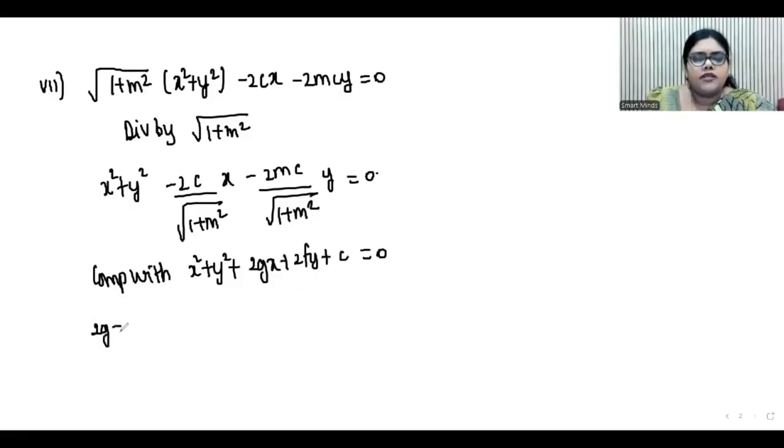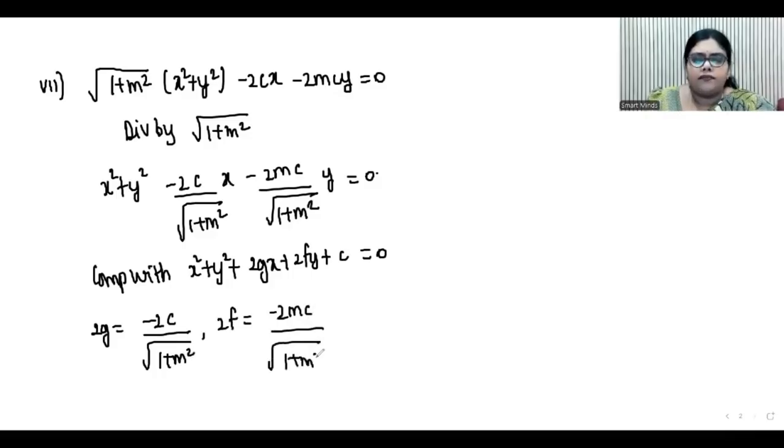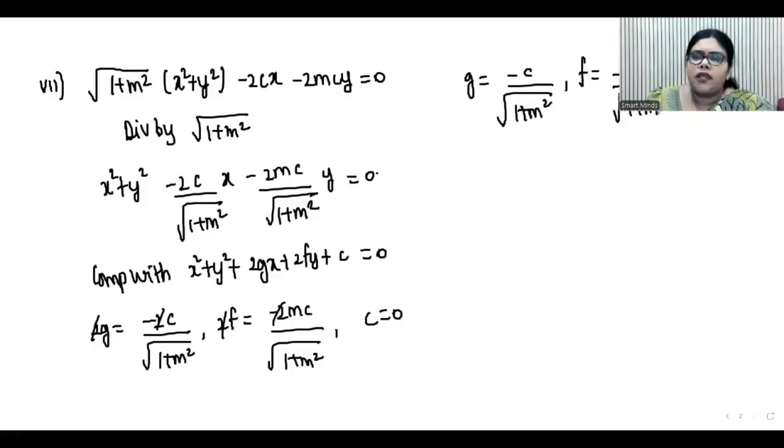So 2g is −2c/√(1 + m²). 2f is −2mc/√(1 + m²). And c is 0. The 2s get cancelled. So you will get g as −c/√(1 + m²), f is −mc/√(1 + m²), and c is 0.